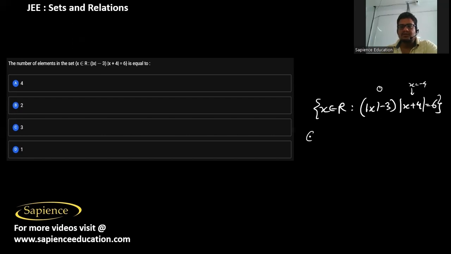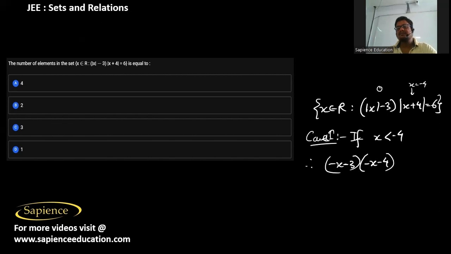So the first case, case 1, we take that if x is less than -4, then this will be minus x minus 3 into minus x minus 4, means minus of x plus 4, that is equal to 6.